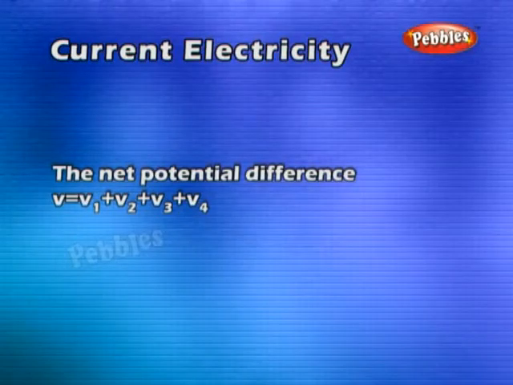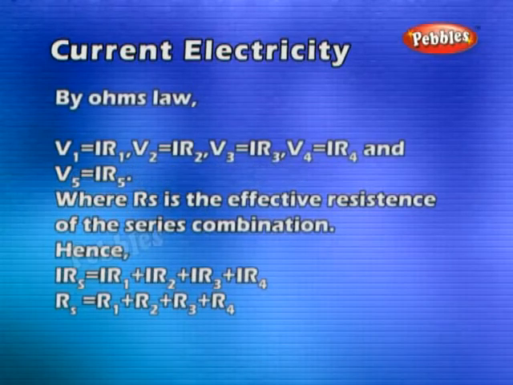The net potential difference is V = V1 + V2 + V3 + V4. By Ohm's law, V1 = IR1, V2 = IR2, V3 = IR3, V4 = IR4, and V = IRs, where Rs is the effective resistance of the series combination.